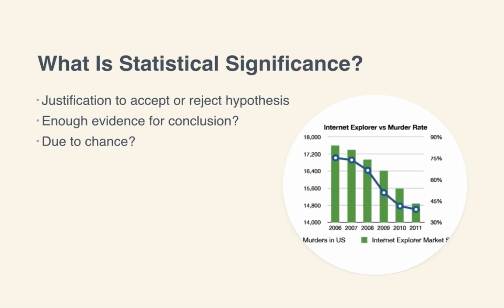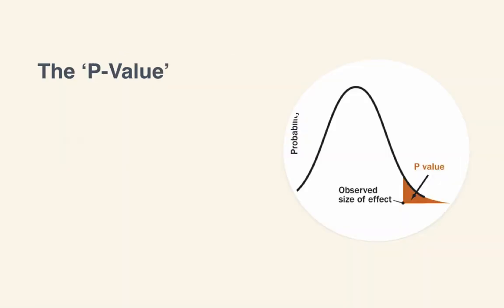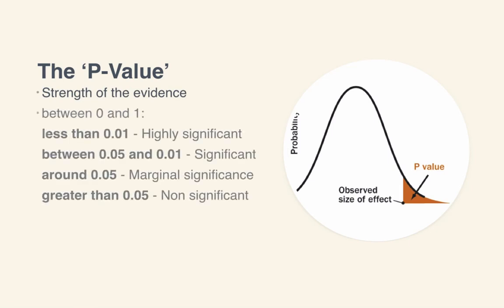And we do this by observing something known in modern statistics as a p-value. So the p-value is an index, between 0 and 1, and it gives us a strength of the evidence. The p-value hinges around the 0.05 mark, which is the area where we start to cross the boundary between rejecting and accepting the null hypothesis.